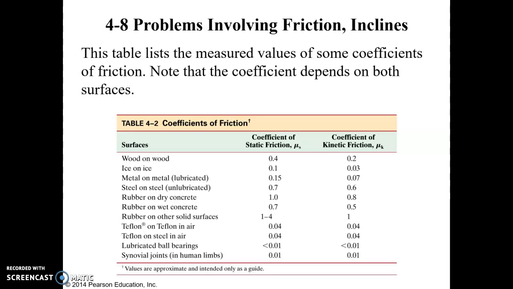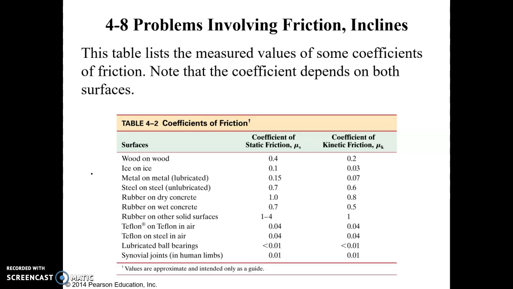This table, 4.2, comes from the textbook, and it shows coefficients of static and kinetic friction for a variety of surfaces. These are basically just average values. They're approximate values. They can vary depending on a number of different factors.